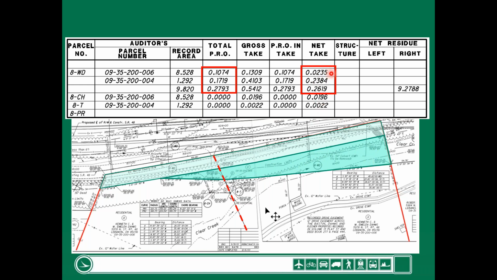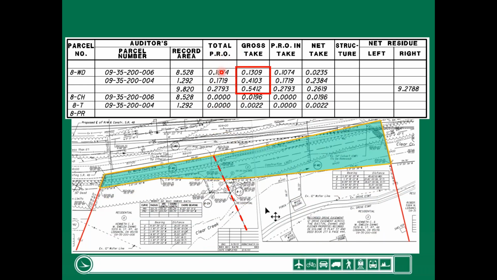As you can see from the 006, we're going to acquire 0.0235 acres, which happens to be this little chunk of land right here. And then we're going to acquire this big chunk of land, which is 0.2384 acres, for a combined 0.2619 acres. All right.